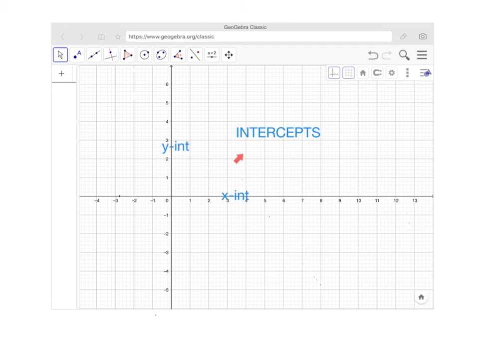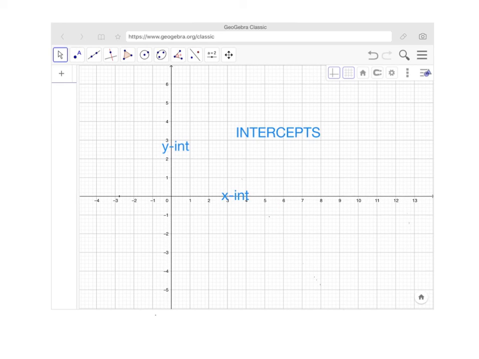Now the intercepts. For any of the 4 functions or graphs that we have seen, or any graph that we are going to come across, the rule is very simple. The x-intercept means the graph cuts the x-axis, or the x-cut, will be on the x-axis. That means here my y is equal to 0.